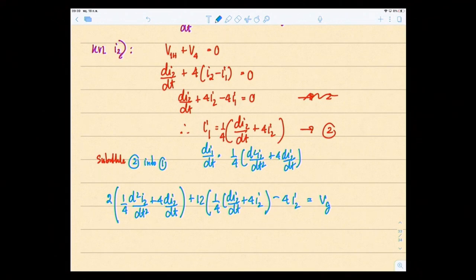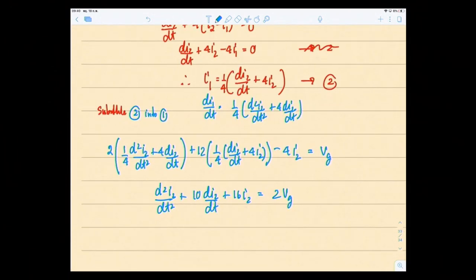So when you do it, please do it yourself, okay? And you will get d²I2/dt² + 10 dI2/dt + 16 I2 = 2 vg.